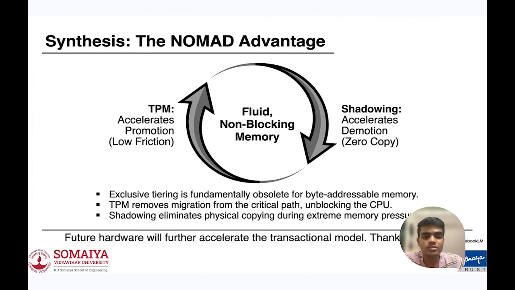Page shadowing addresses demotion by making it a zero copy PTE remap. The two mechanisms are complementary and together produce a system that remains stable under the memory pressure conditions where prior systems fail. The authors note that emerging lightweight TLB shootdown mechanisms in newer ISA extensions will reduce the initiation cost of TPM further, strengthening the case going forward.